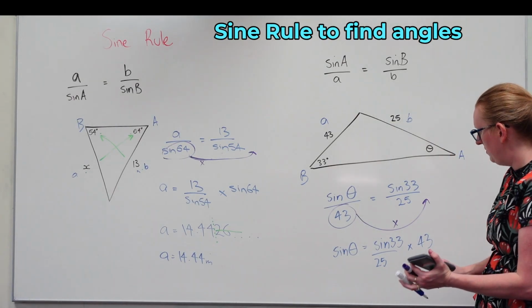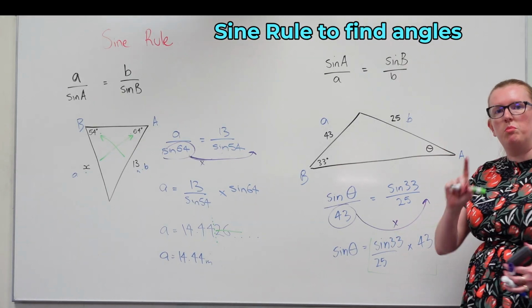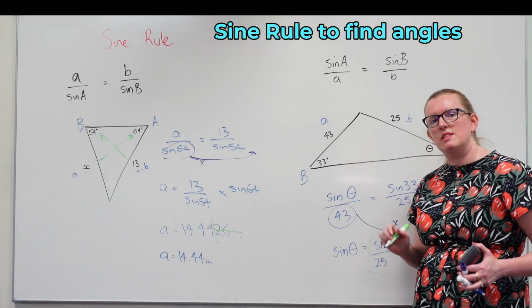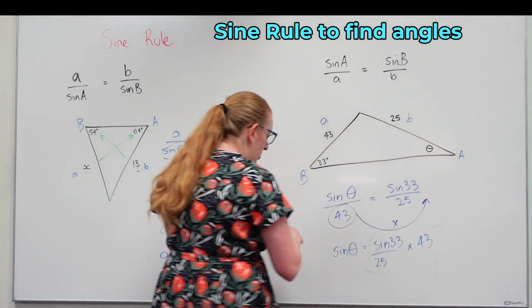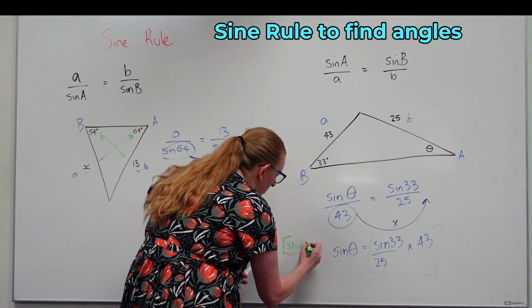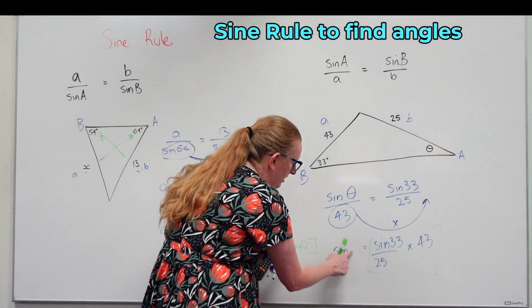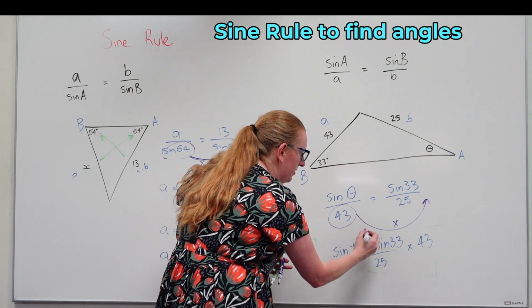Now I'm going to type all of this into my calculator, but first, because I'm trying to find a missing angle, there's a special button that I'm going to push on my calculator first. I'm going to push shift. Then I click sine, and it will give me a little -1 on my calculator.